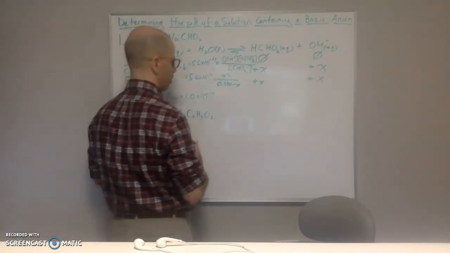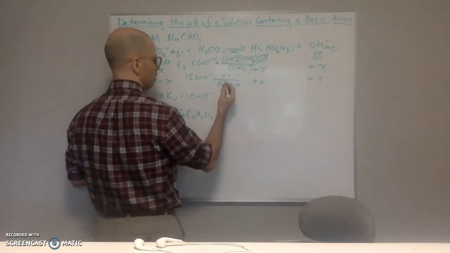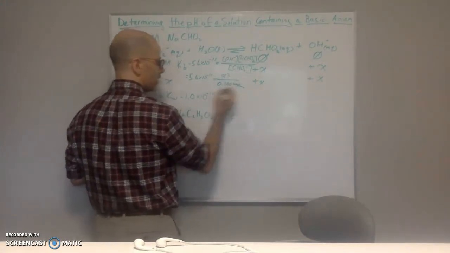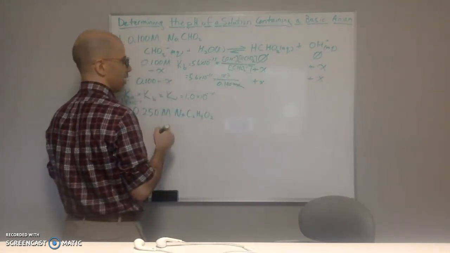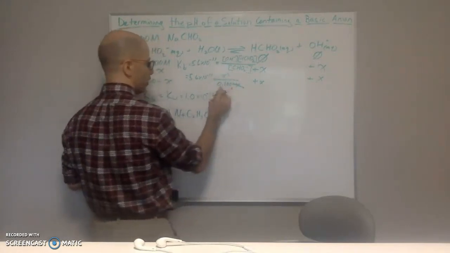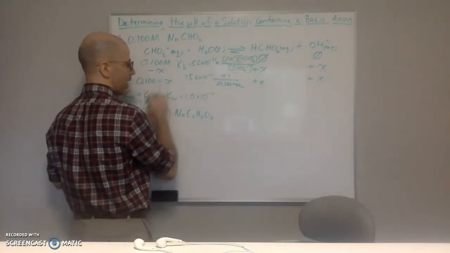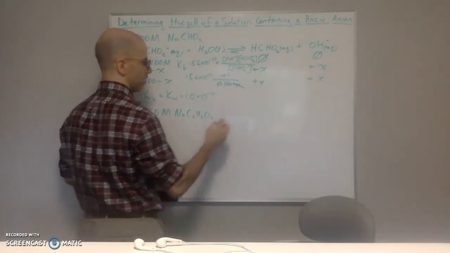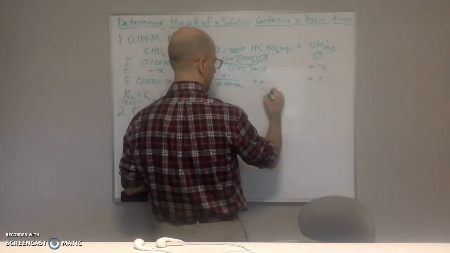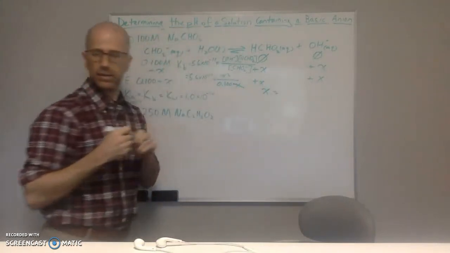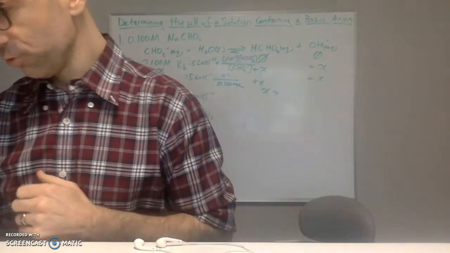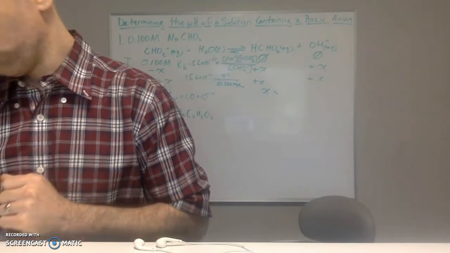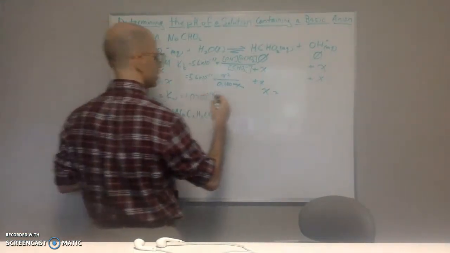So it's probably going to be really valid. So we get rid of the x here, and then we solve for x. So we multiply both sides by 0.1. We take the square root of both sides and we get x. So in that case, x ends up being equal to 2.4 times 10 to the negative 6.